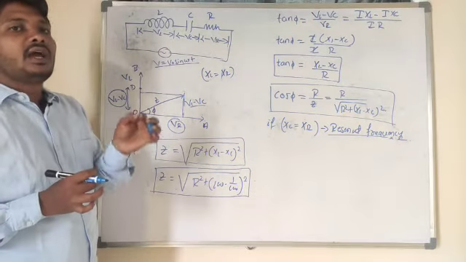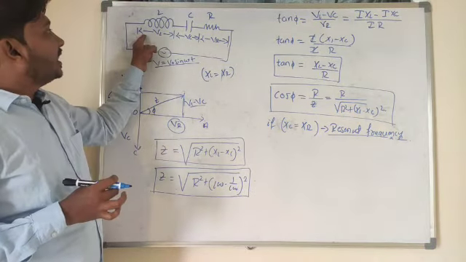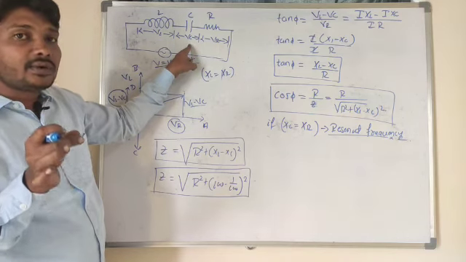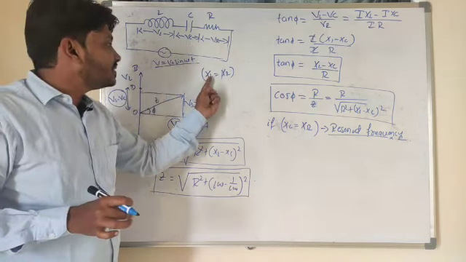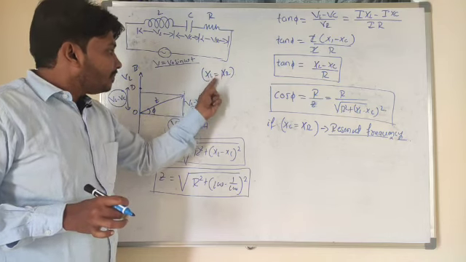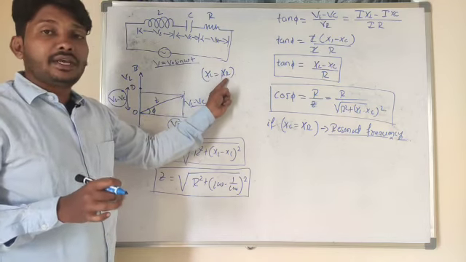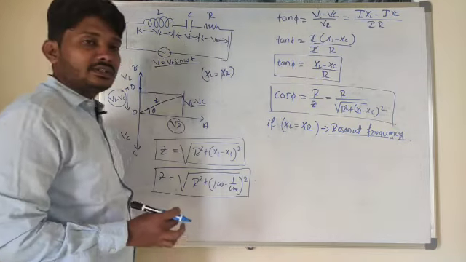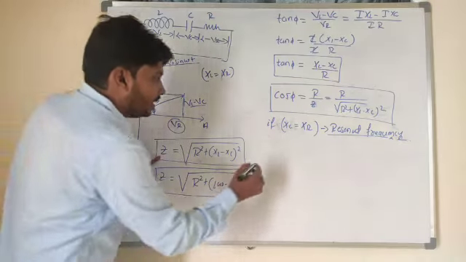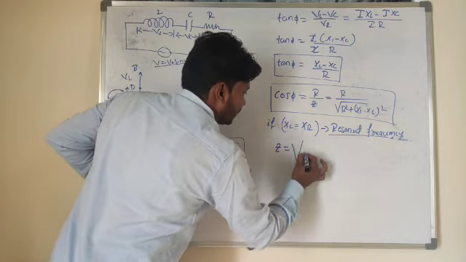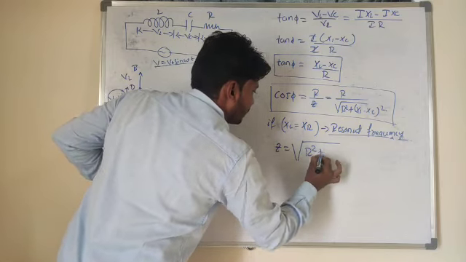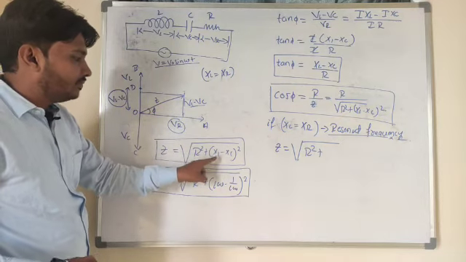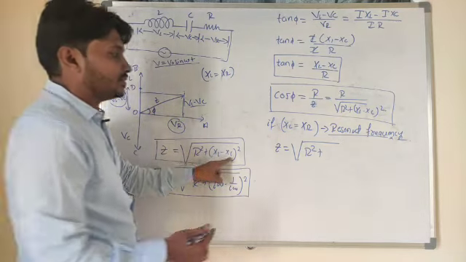At a particular frequency there exists a maximum current in the LCR circuit. If you get the maximum current, the inductive reactance must be equal to the capacitive reactance. Then in the impedance formula, square root of R squared plus X of L minus X of C, both are equal, so X of L minus X of C is 0.